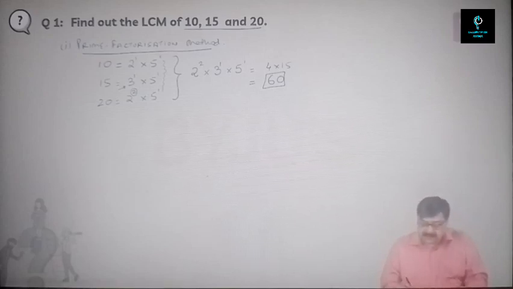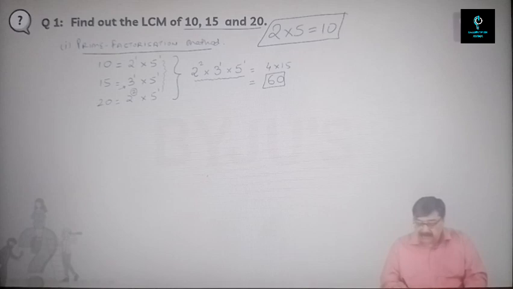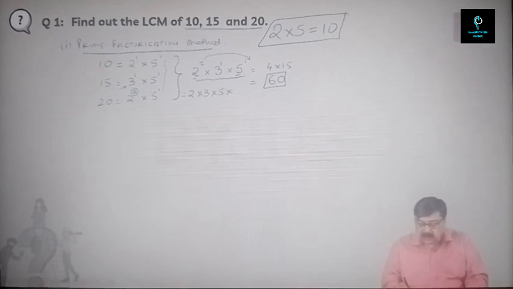Here itself, we know that 2 into 5 is 10. So in these prime factors, wherever you find a 2 and a 5, take them separately. I am going to combine one digit 2 with 5 here, so that we get 2 into 3 into 5 into 2. Anyhow, 2 power 1 and 2 power 1 make 2 square.